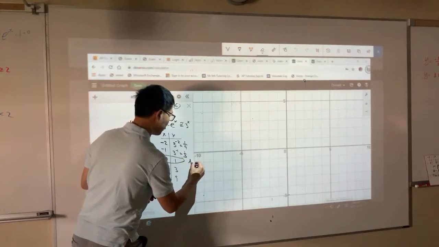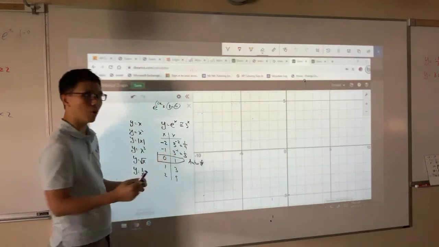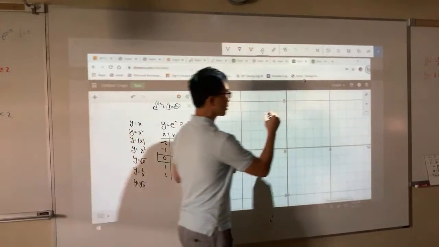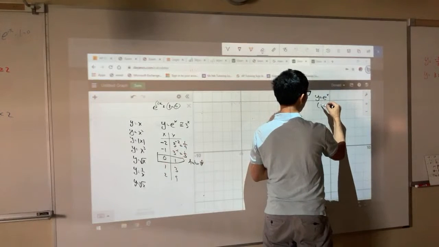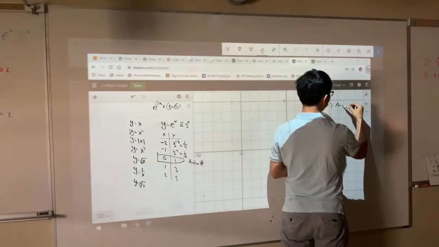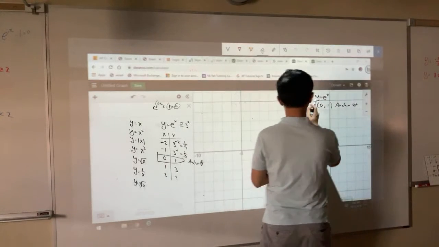This is the anchor point. I'm going to use 0, 1 as my anchor point. So my anchor point for y equal to e to the x is going to be 0, 1, instead of 0, 0. Sorry, I'm going to graph on this side.